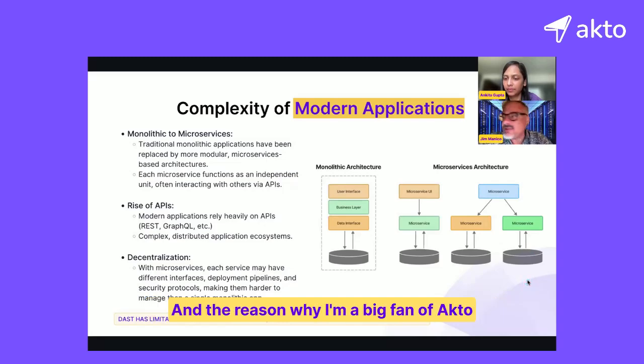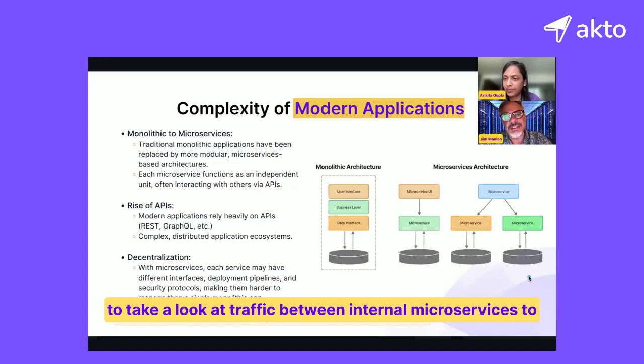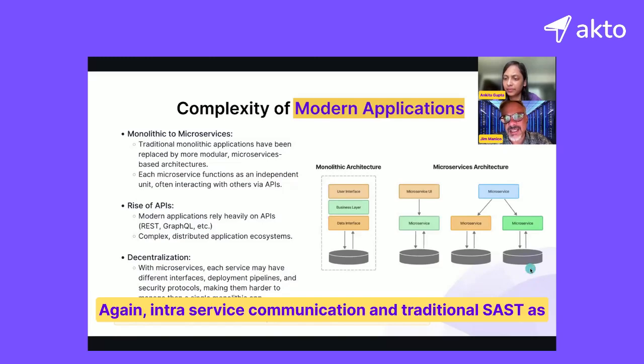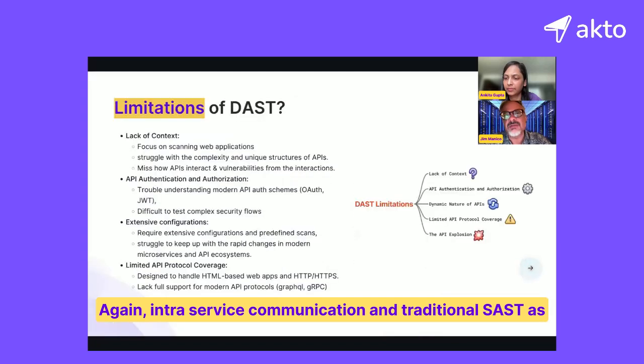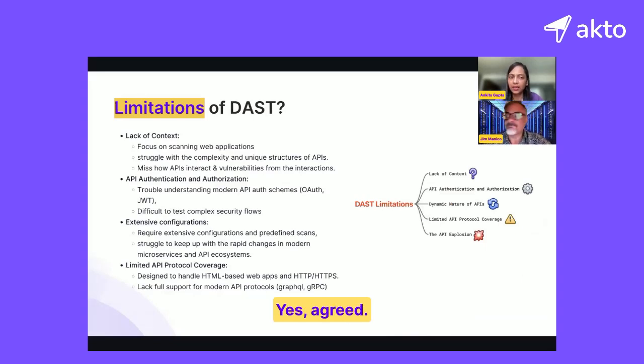And the reason why I'm a big fan of Akto and the API security space is because I really need to take a look at traffic between internal microservices to get a complete picture of how that application is working and how to do security assessment against the application. Again, intra-service communication, and traditional SAST, as it stands, doesn't really give me visibility into that kind of architecture these days. Got it. Yes, agreed.